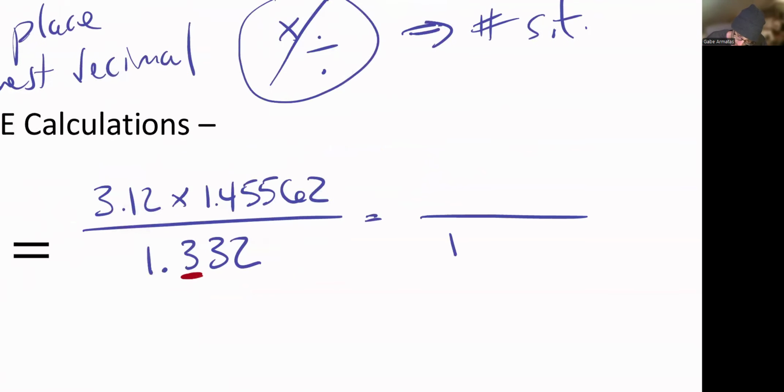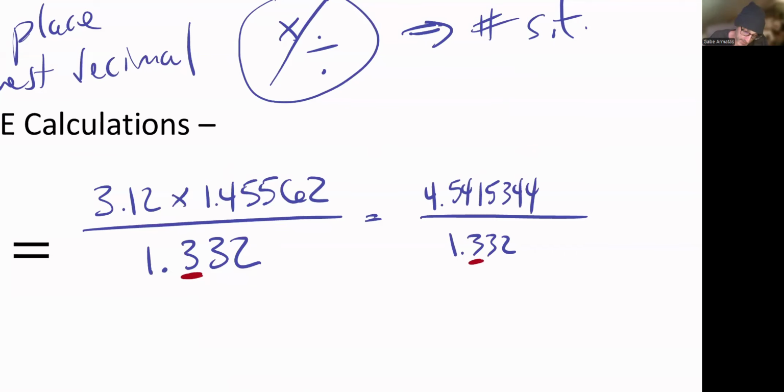Now I have the bottom, which is 1.332. I still want to keep that underlined to keep track of where I would have rounded. And on the top, I'm going to take everything from my calculator, 4.5415344. So this is everything that I got in my calculator.